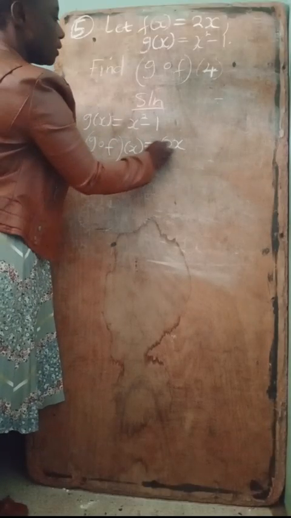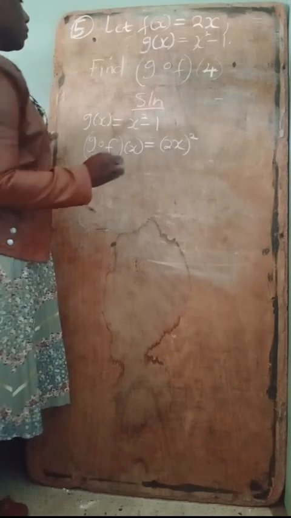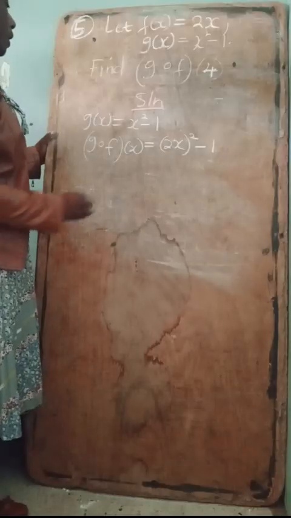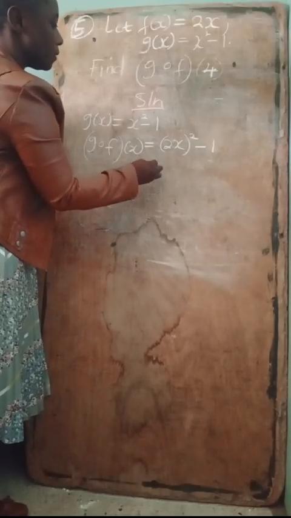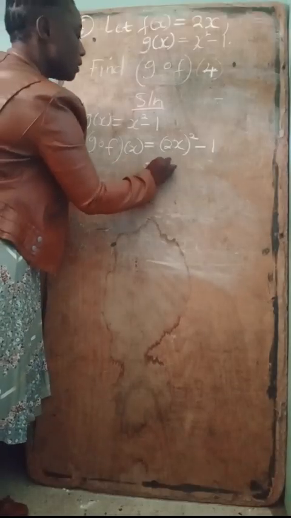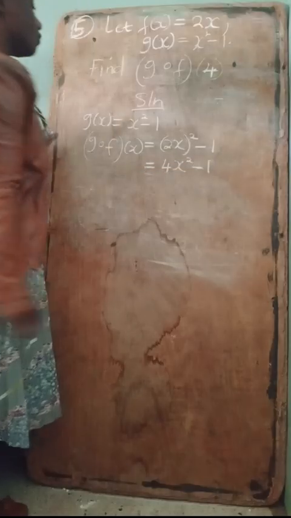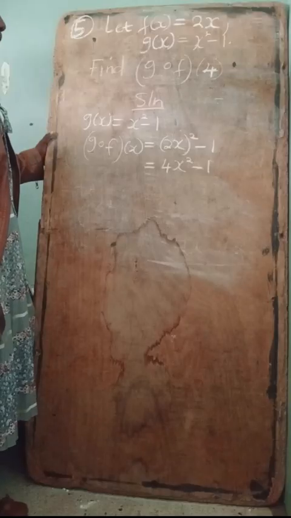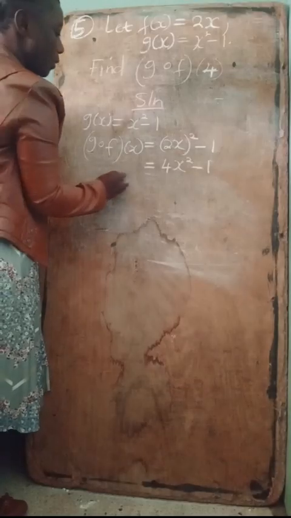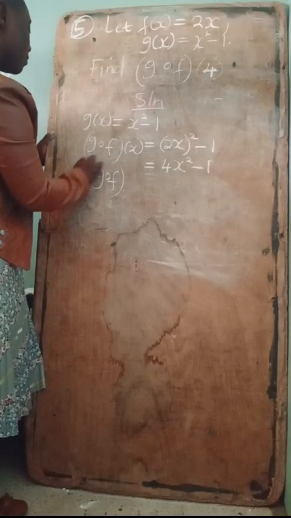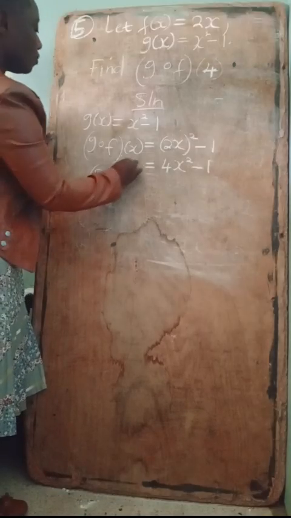So now we are saying 2X squared minus 1. Okay, so when you simplify this, we are going to find that this will be 4X squared minus 1.